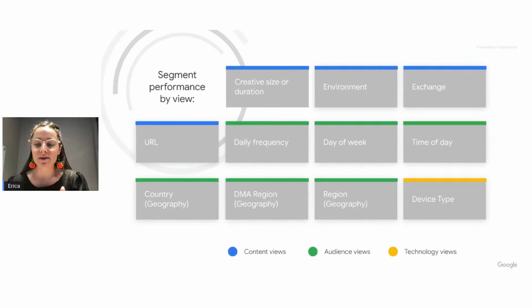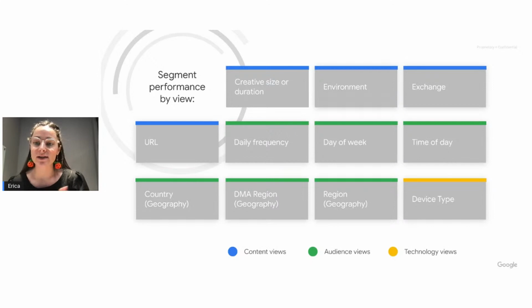It was broken down into 3 main categories as this tool was being designed. So we've got content views, which include things like creative size, environment, etc. We have audience views, which gives you a sense of where there are opportunities to tweak the users that you're going after.